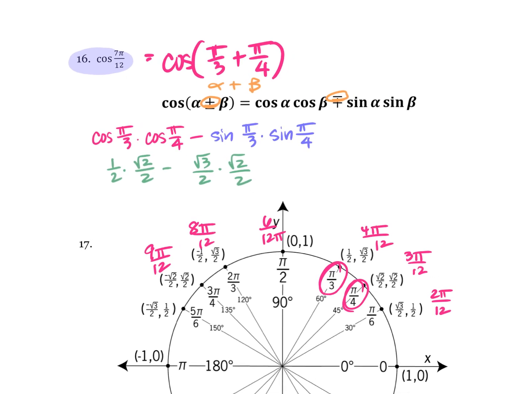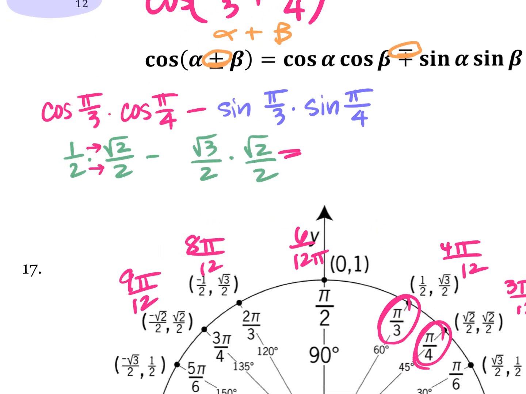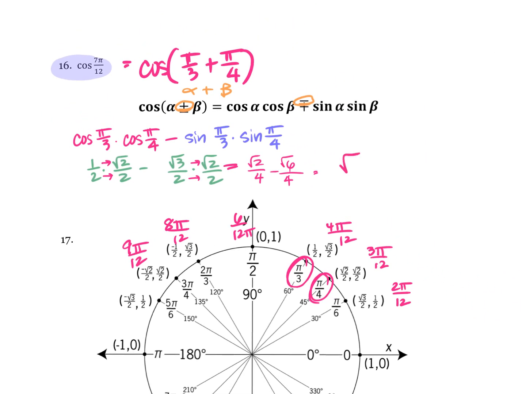Great. Let's multiply straight across. 1/2 times root 2 over 2 is root 2 over 4, minus root 6 over 4. Final answer: root 2 minus root 6, all over 4.